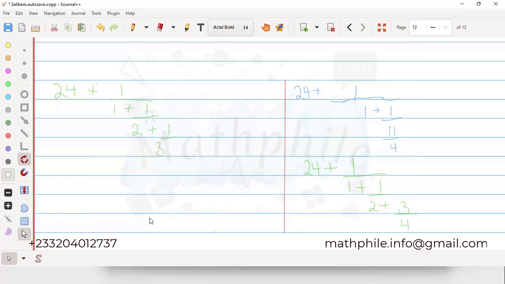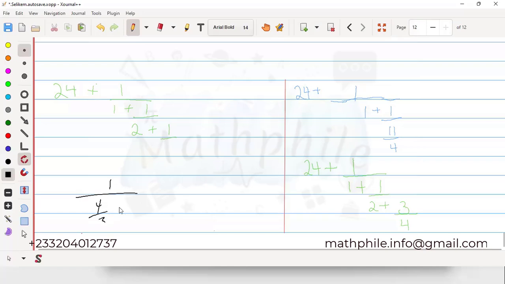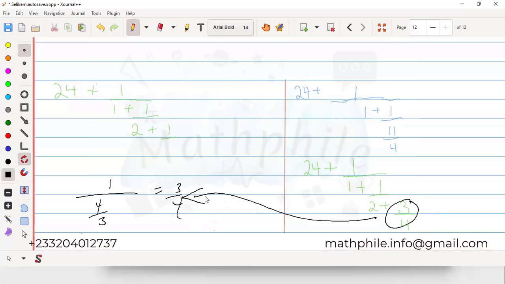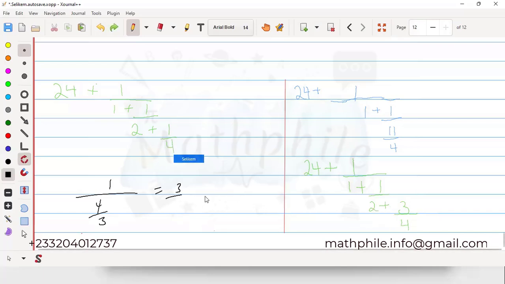We flip it. Because if I write 1 over 4 over 3, it's the same as me writing 3 over 4. So basically, 3 over 4 can be written as 1 divided by 4 over 3. Is that okay?